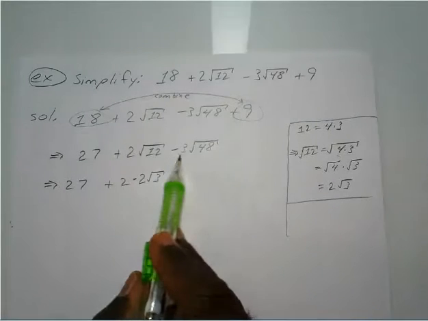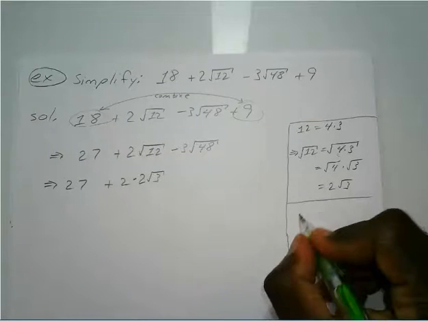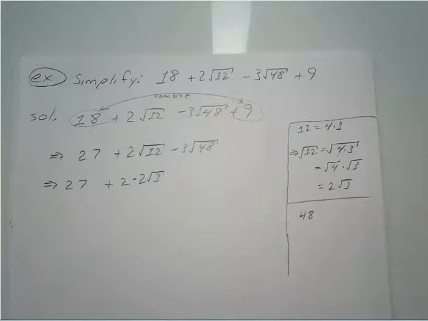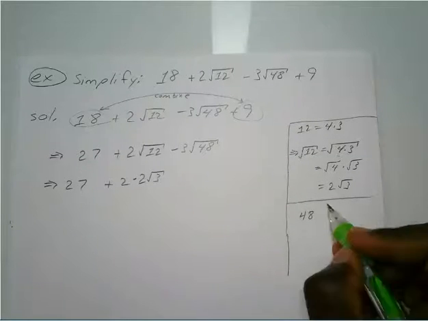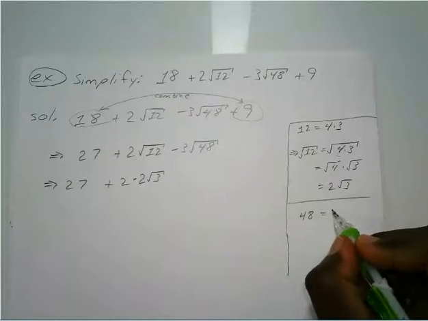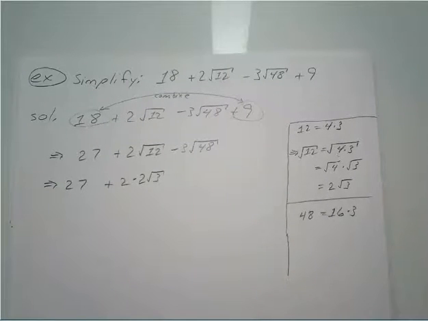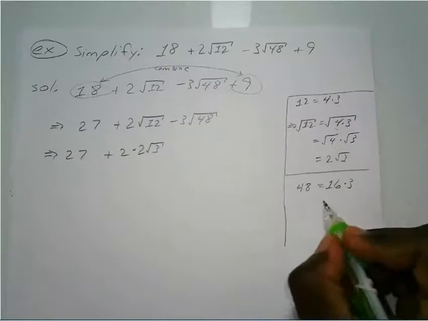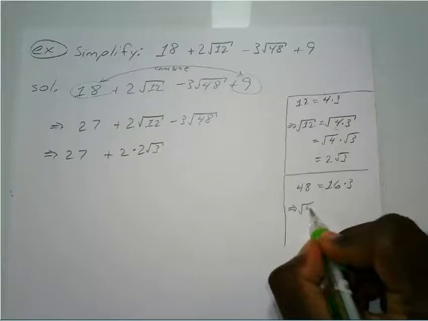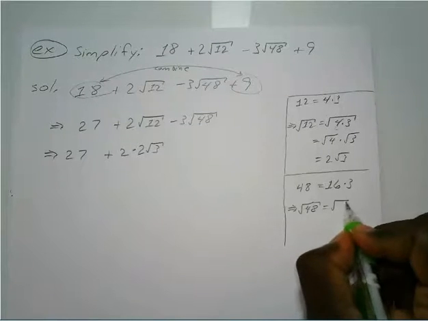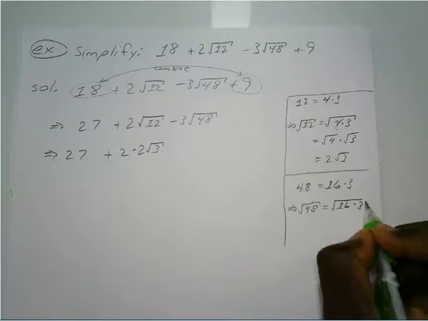Okay. Now we do the same thing for square root of 48. Now 48 is 12 times 4. There's also 16 times 3. We're going to use 16 times 3 because that's the larger perfect square. But you could have used 12 and 4 also, and I'll show you that a little bit later. So 48 is equal to 16 times 3. Okay, so that means square root of 48 is equal to square root of 16 times 3.